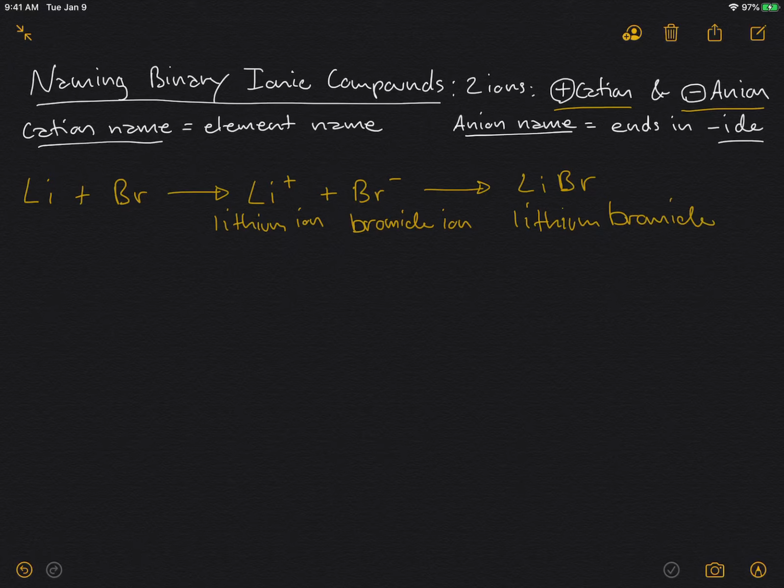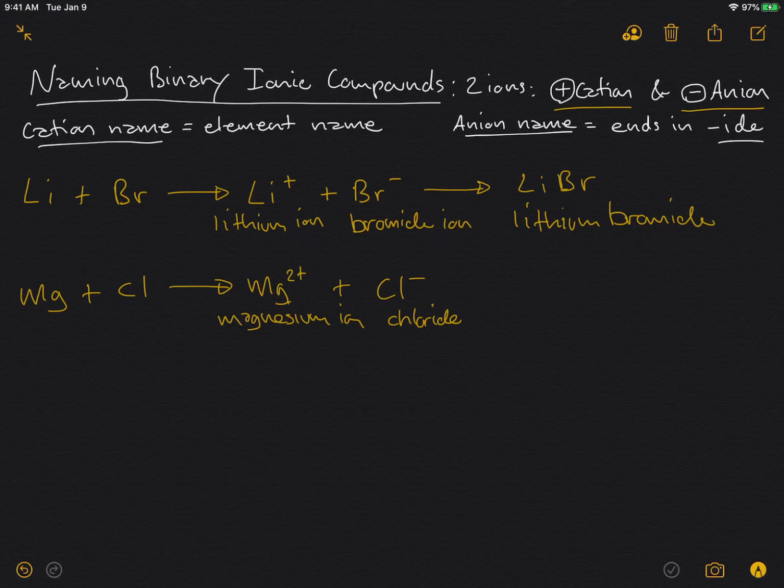Another example where it may not be 1 to 1 is if we had magnesium plus chlorine. And if you look on the periodic table, magnesium always has a plus 2 charge. It's in group 2. And so this is the magnesium ion. And chlorine, another halogen, forms the halide chloride 1 minus.